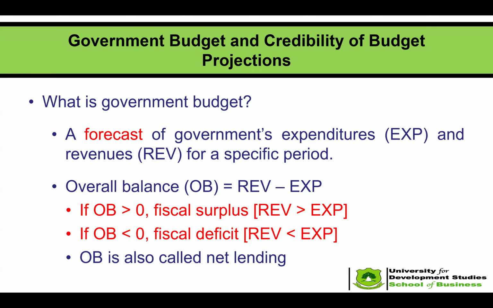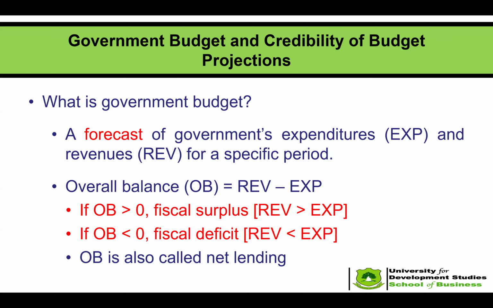So your overall balance, which is OB, would be positive. And this OB is called a fiscal surplus. It's a fiscal surplus because you have a lot of revenue, you spend and then leave the rest. So you have a positive fiscal balance, or a positive overall balance.